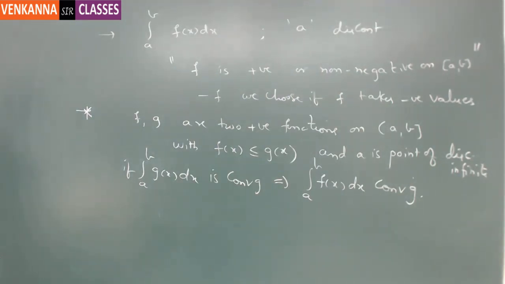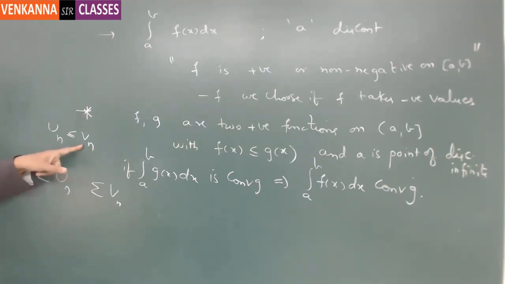Please understand the concept of infinite series, that while defining convergence or divergence, whenever you have two series, sigma un and sigma vn, we say that if un is less than or equal to vn, un is the given series, vn is our user defined series.